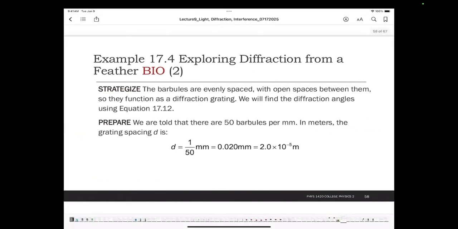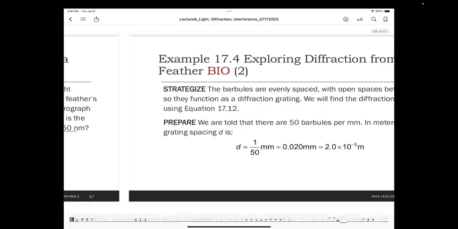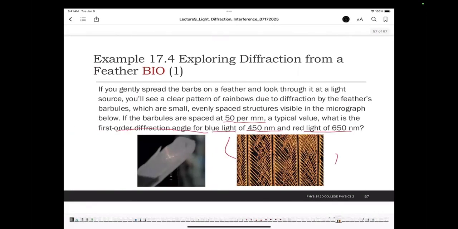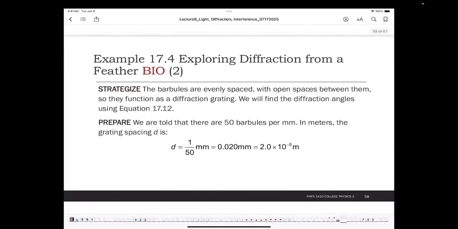Okay, let's review this question. The barbules are evenly spaced, you can see from here, with open spaces between them.